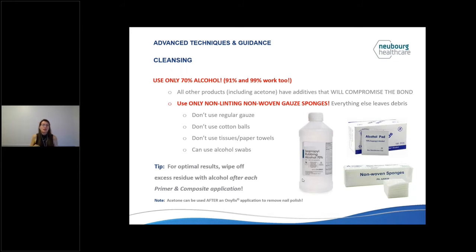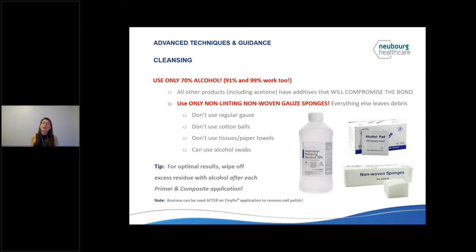Don't use tissues, like facial tissues and paper towels, and definitely don't use cotton balls or even regular woven gauze, because all of that stuff leaves little microscopic debris that you can't even see, and it gets trapped underneath your Onyfix, and then it's going to cause it to dislodge earlier.